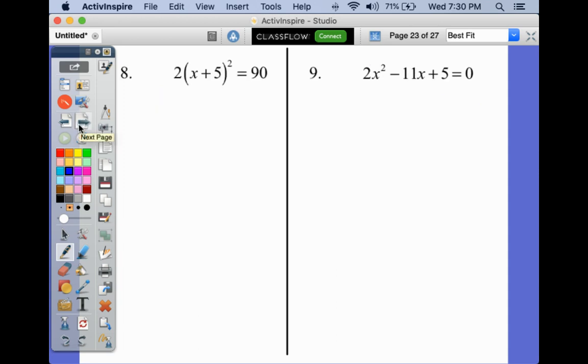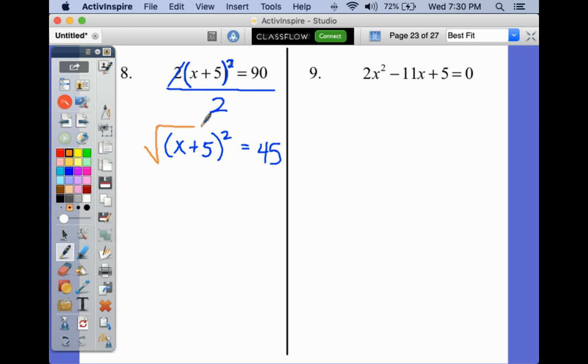Next one, the other time I use square roots is when I have this binomial, these parentheses that are squared, but I need to start by dividing the 2 off of the front. So 90 divided by 2, I'm going to have x plus 5 squared equals 45. Now we can take the square root of both sides.